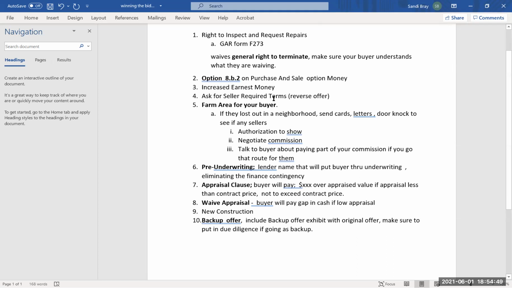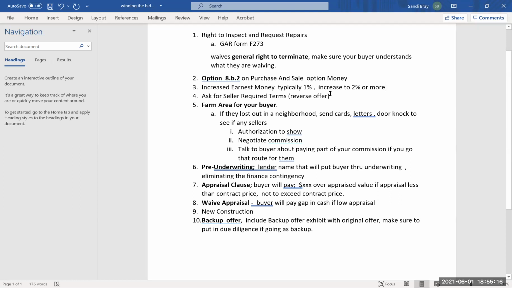Increased earnest money. Typically it's 1%. Increase to about 2%, whatever your buyer's comfortable with. Keep in mind, when we're tweaking all those other terms, that we got a big chunk of earnest money.